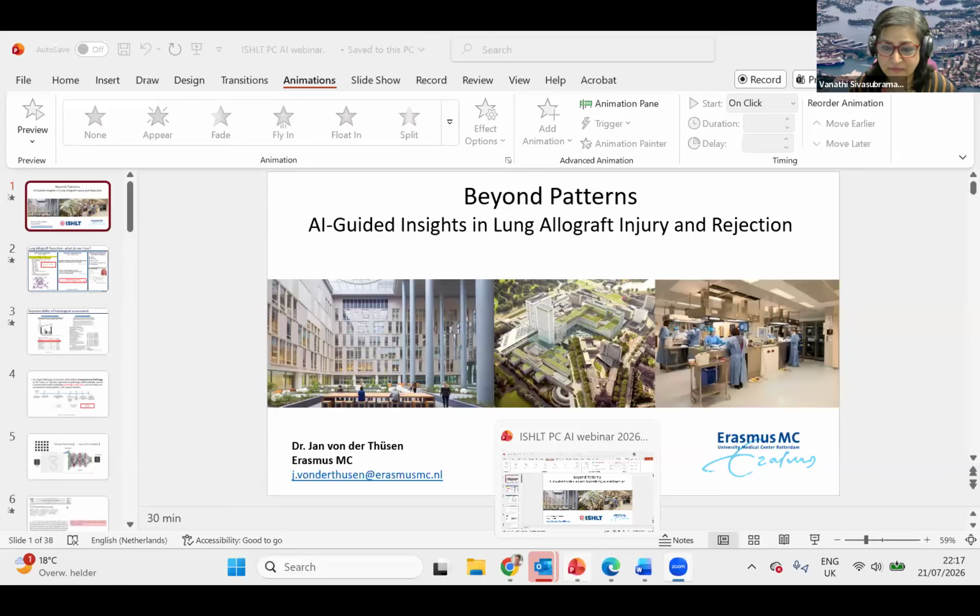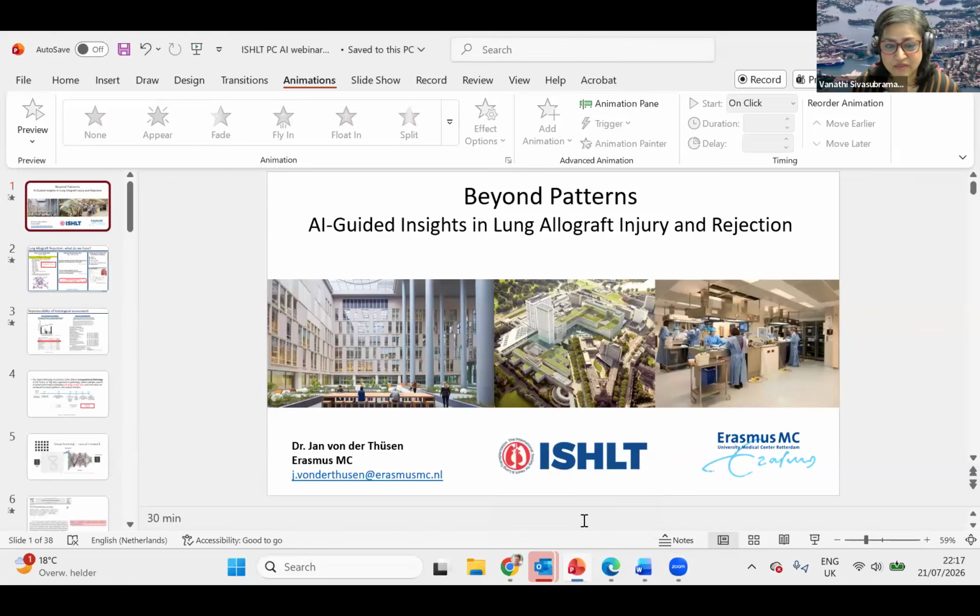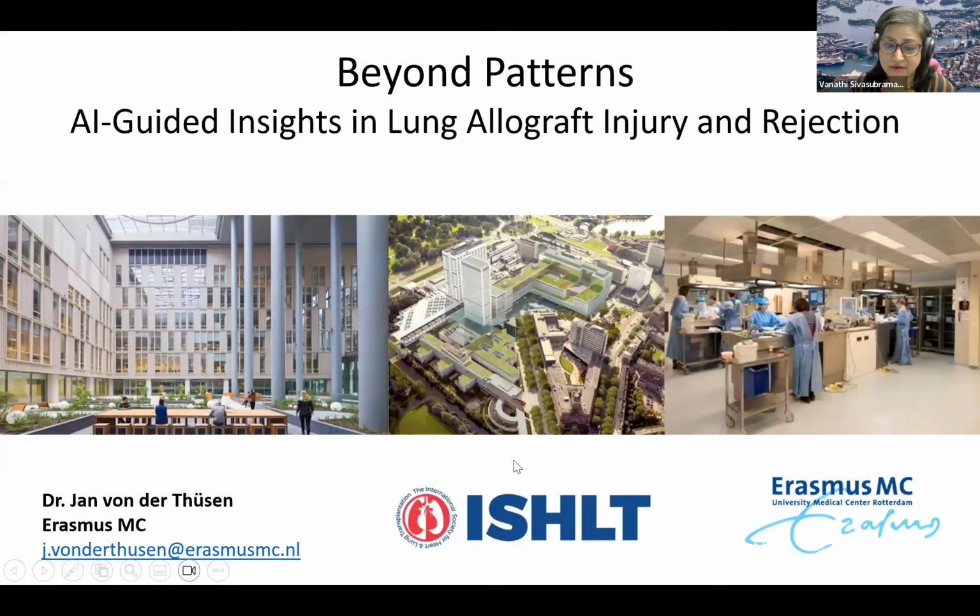We'll move on to our next speaker, who, for many of the pathologists in the room, probably needs no introduction. So our second speaker today is Jan van der Sussen from the Netherlands. Jan is an associate professor and lead thoracic pathologist at Erasmus Medical Center in Rotterdam, where he currently also serves as the deputy head of the Department of Pathology and Clinical Bioinformatics.